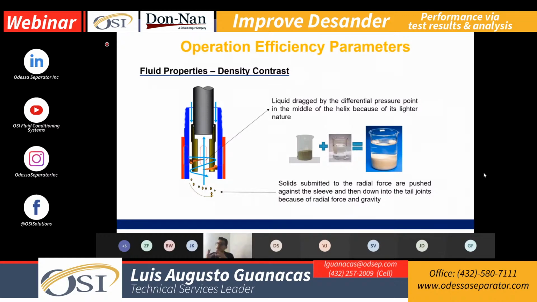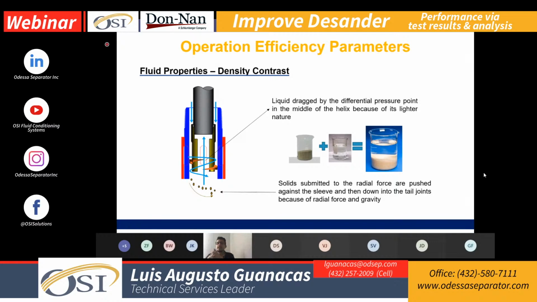That's the close relationship. So the liquid is going to be dragged by the differential pressure that you're going to have at the middle of the helix. But my solids, which are the heavier phase, are going to be subjected to the radial force and are going to be pushed by this force to the tail joints. So Shivani will talk more about this real quick.